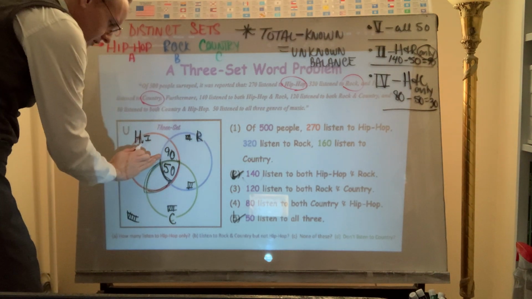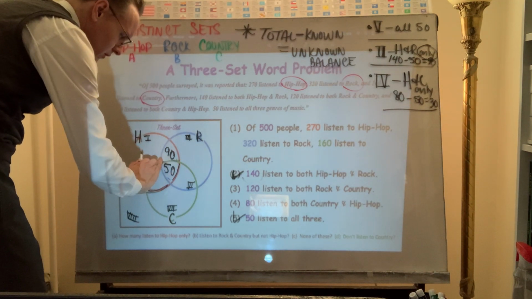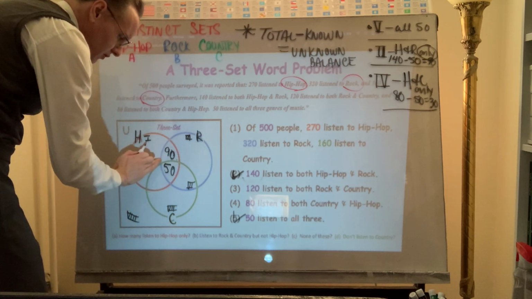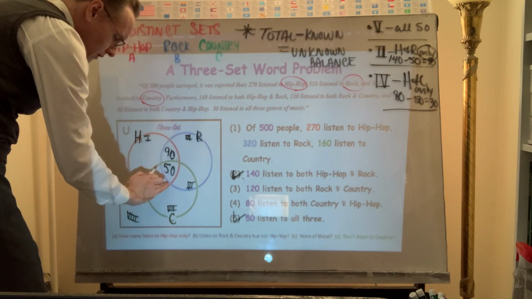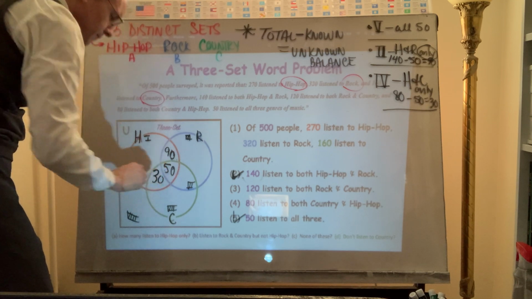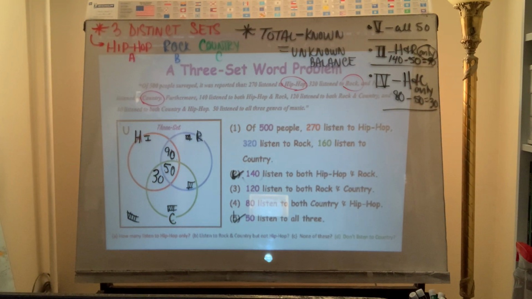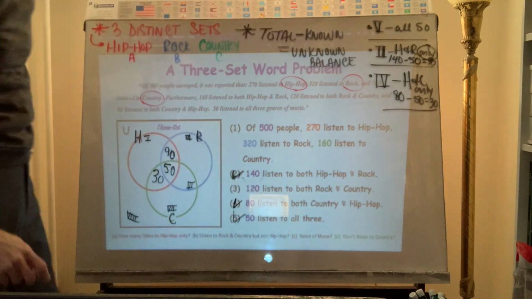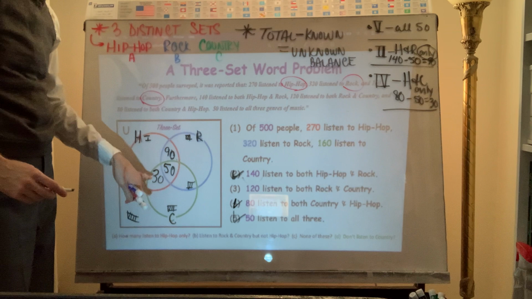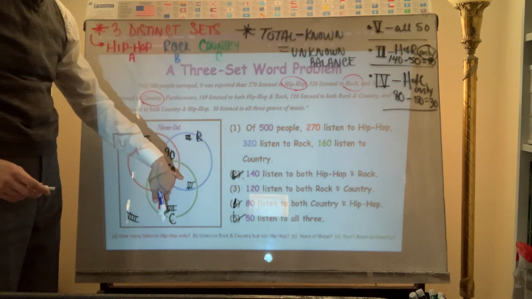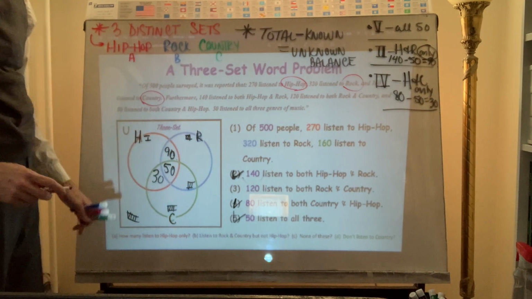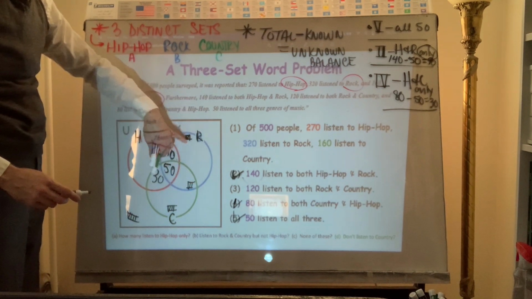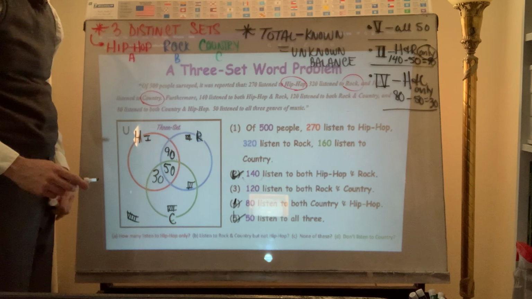Which means that in this portion of this chunk, this biscuit here, one would have to put 30. Which means we've now covered that. All right. Now again, a third time, we're going to do the same thing for region 6. All right. Region 6 is part of the overlap of rock and country.